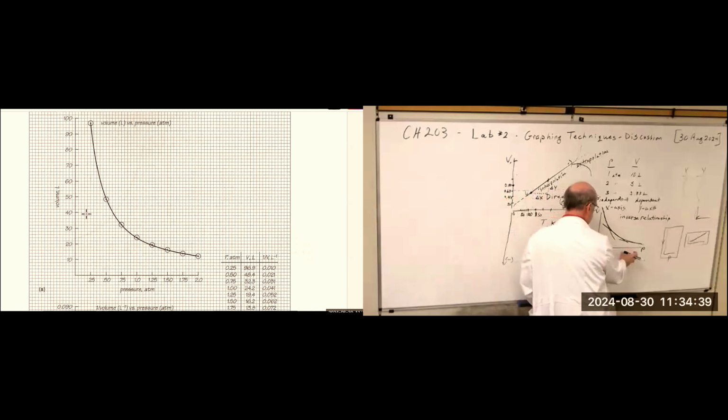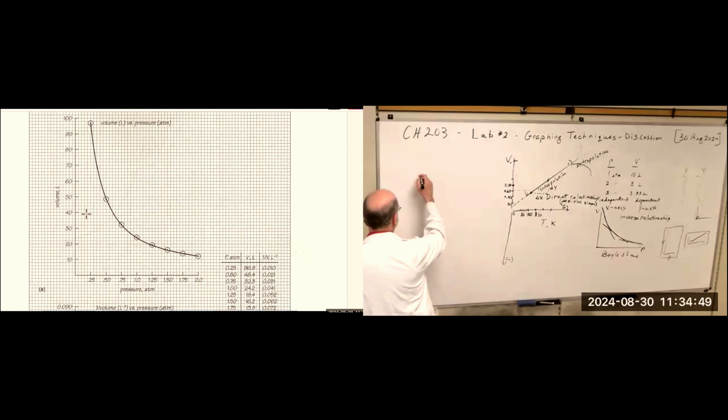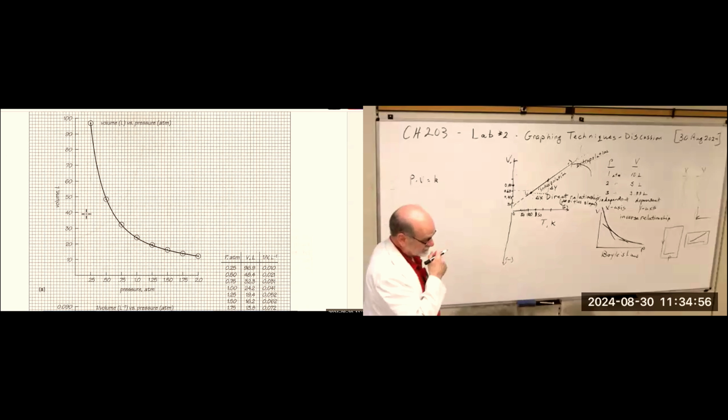When we measure pressure versus volume, this is an expression of Boyle's law. And Boyle's law simply says that pressure times volume equals a constant value. And that always gives you a hyperbola. When you have a variable times a variable equals a constant, this product equal a constant is always inverse.